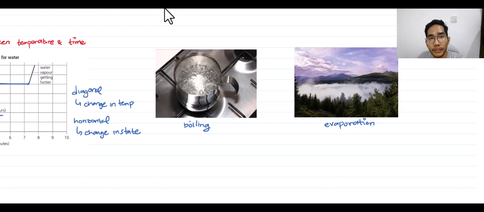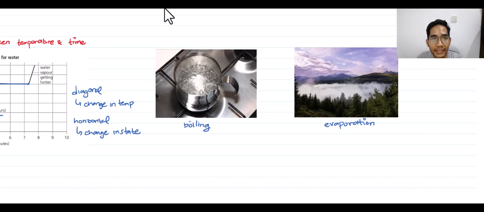Now, from the very obvious one first, from the appearance, what can you see? The difference. Yes, boiling has bubbles going on, right? So what do bubbles in boiling indicate?